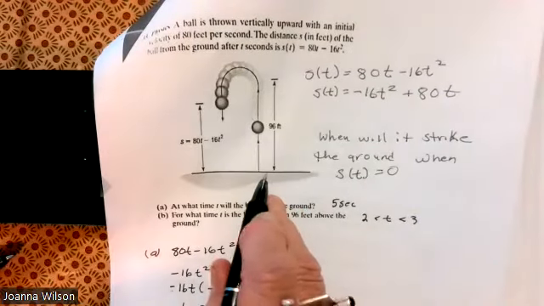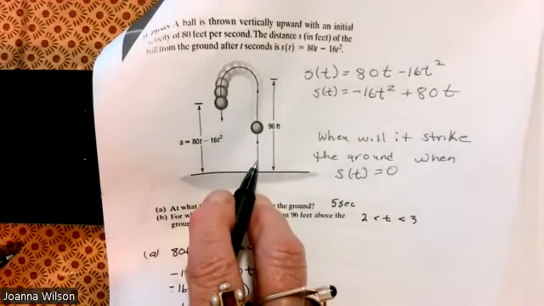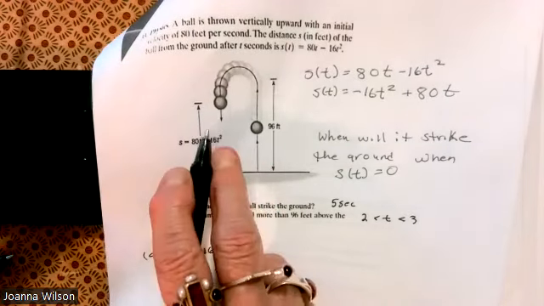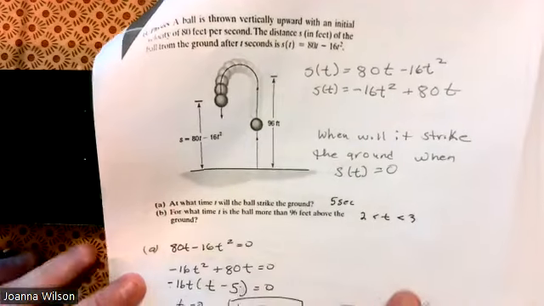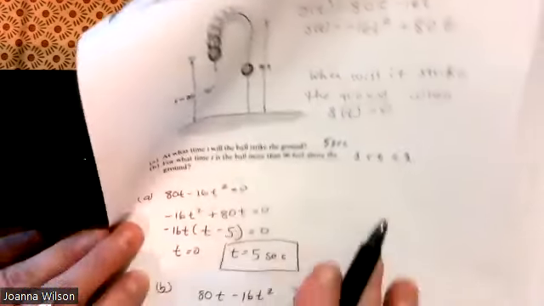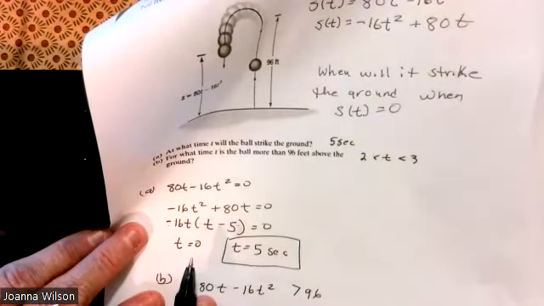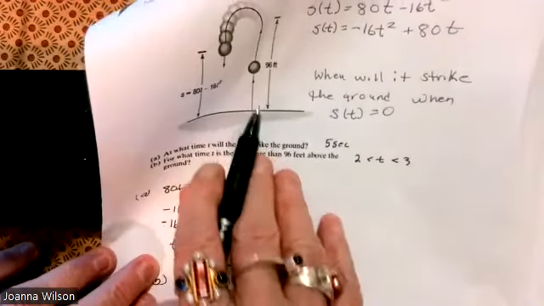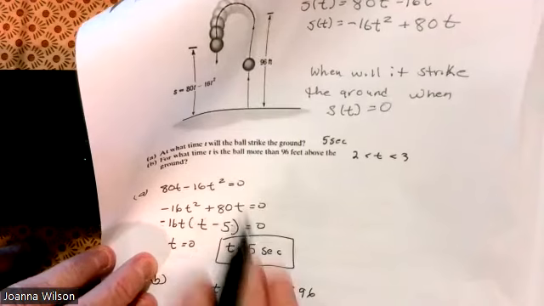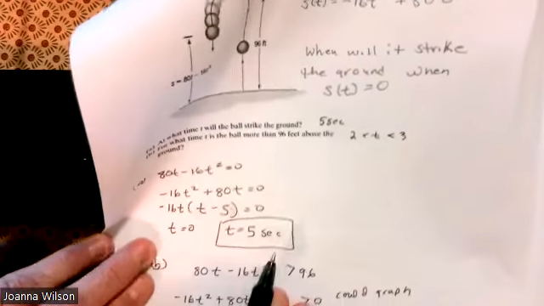It may start at the ground or it may start somewhere else, but it's going to end up at the ground. And so I just took it and set it equal to 0, and I factored it, and I got t equals 0. So it starts at the ground, and then it's going to hit the ground again after 5 seconds.